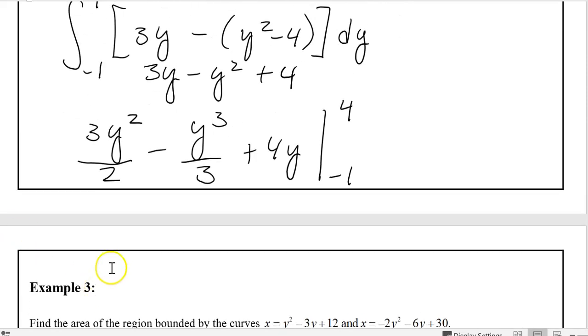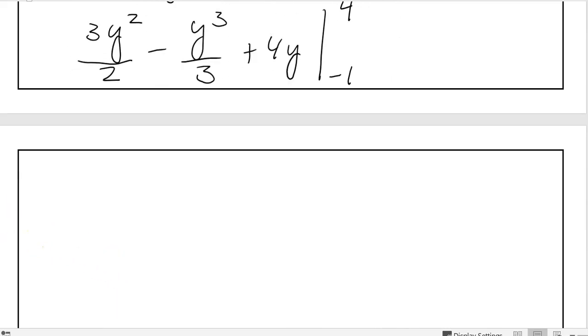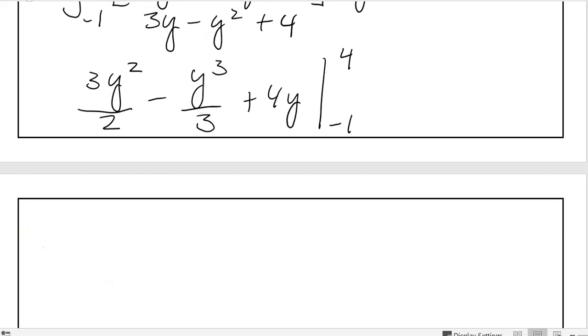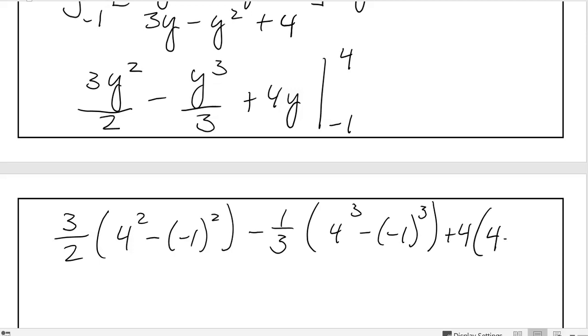Moving to the next step, what we should be able to do is plug in the limits of integration. Plugging in the upper limit of integration, I would have 3/2 times 4 squared minus the quantity negative 1 squared, minus the 1/3 coefficient of the second term times 4 cubed minus a negative 1 quantity cubed, plus the coefficient of the third term, 4 times 4 minus a negative 1.